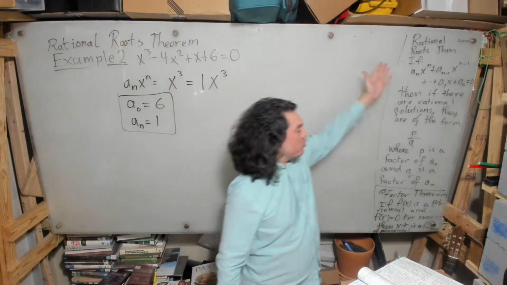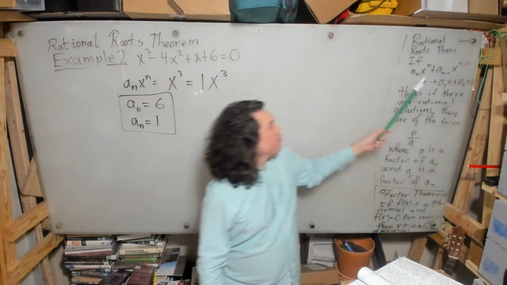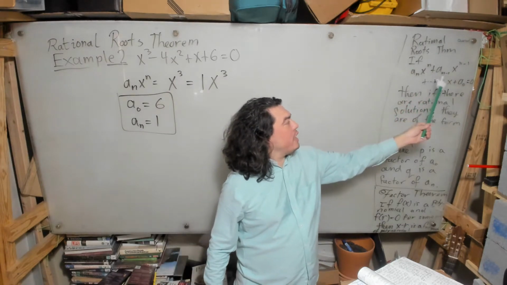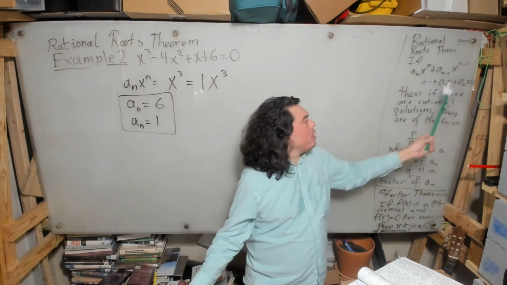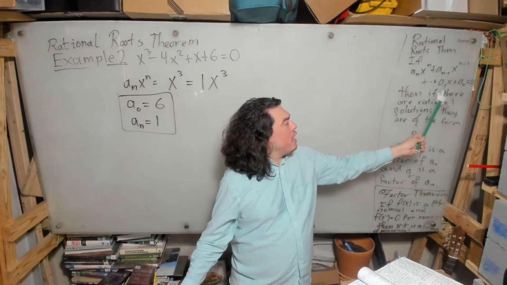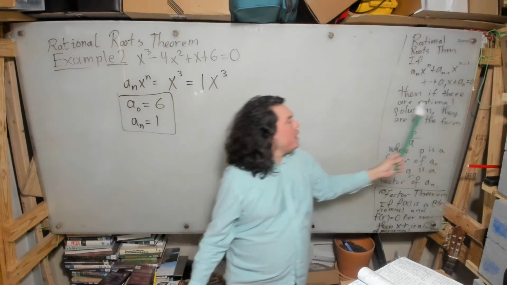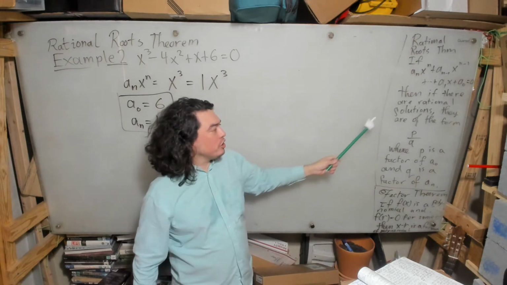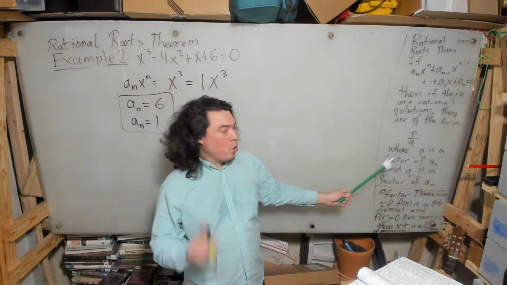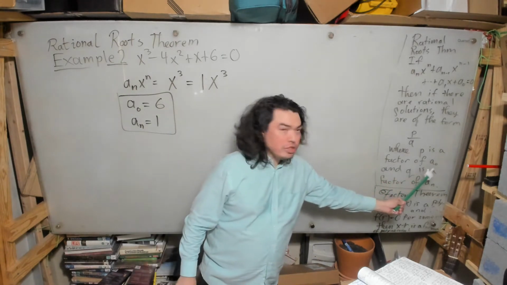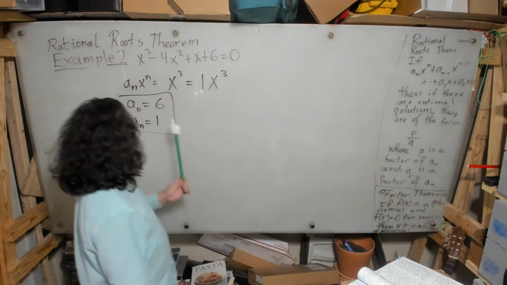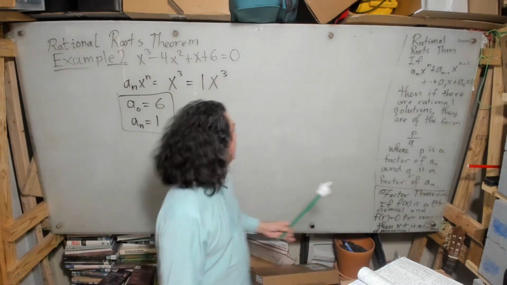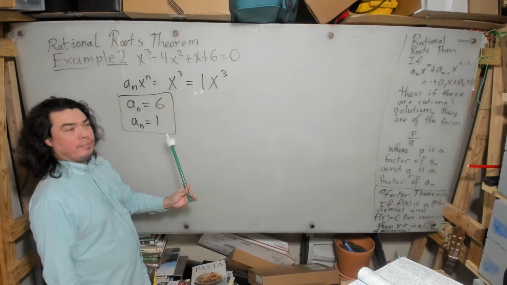Remember that the rational roots theorem says that if we have the polynomial equation a sub n x to the n plus a sub n minus 1 x to the n minus 1 plus dot dot dot plus a1x plus a naught equals 0, then if there are rational solutions, they are of the form p divided by q, where p is a factor of the constant term, the a sub 0, which in our example is 6, and where q is a factor of the leading coefficient, in this case the 1.